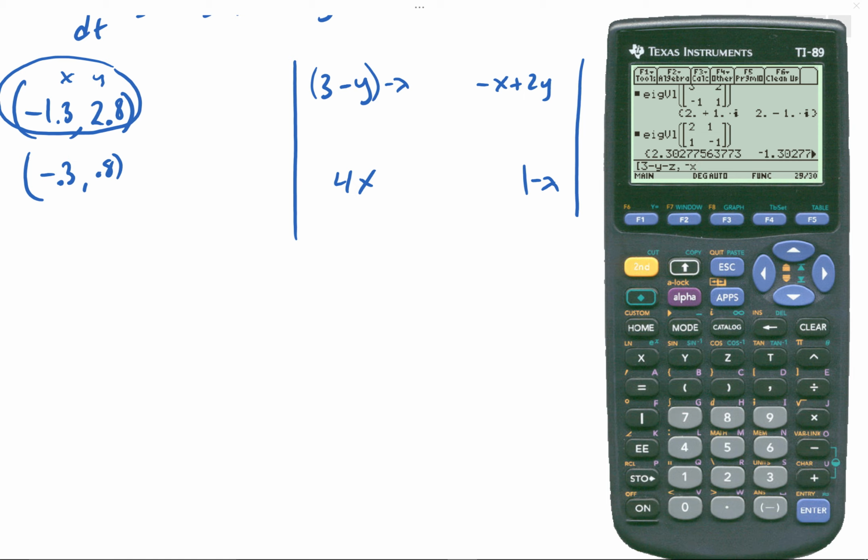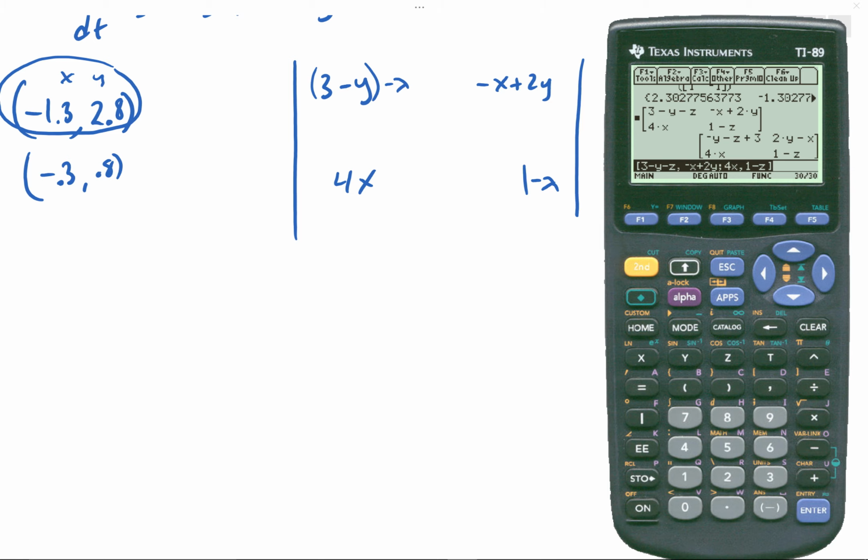Minus x plus 2y, and then 4x, and then 1 minus z. And what I'm trying to do is automate this. I really want to automate it. I want this to be as easy as I can make it, to have some pretty cool things going on here.